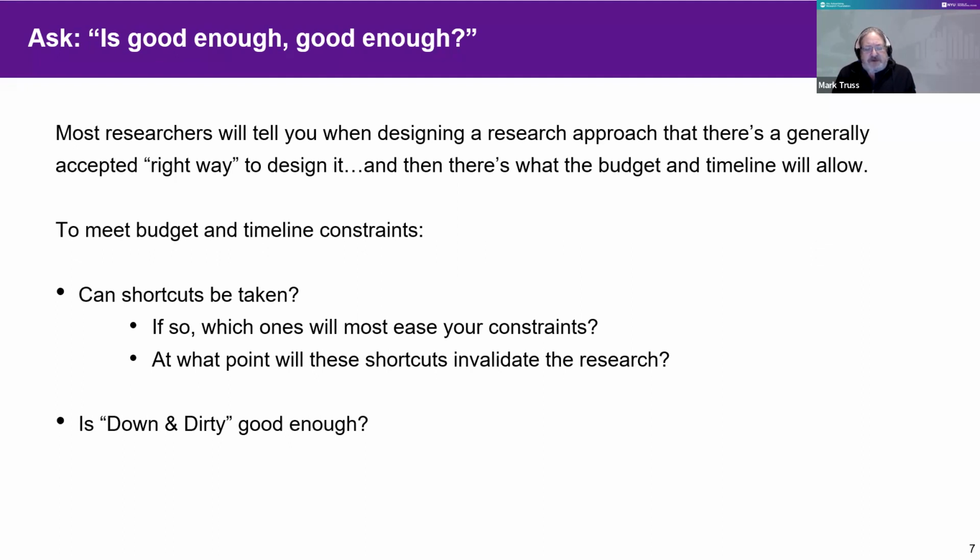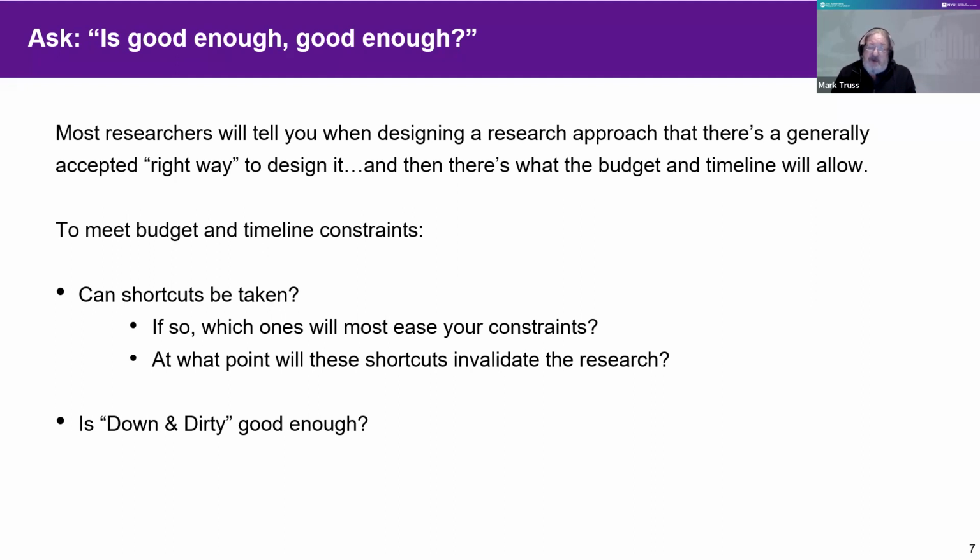People will approach me or email me or call me or do a video chat and say, hey, listen, this is what we need. And I'll design it the right way. And then I'll hear, oh, we don't have that kind of budget. We don't have those kinds of timelines. So then the question becomes, are there shortcuts that you could take? And if so, which ones will ease the constraints of budget and timeline?